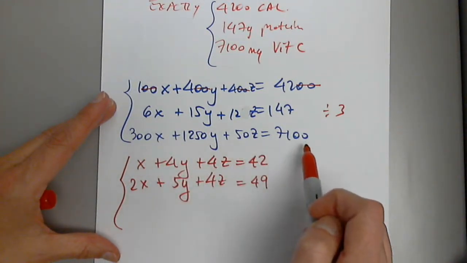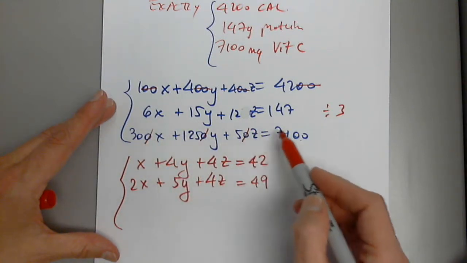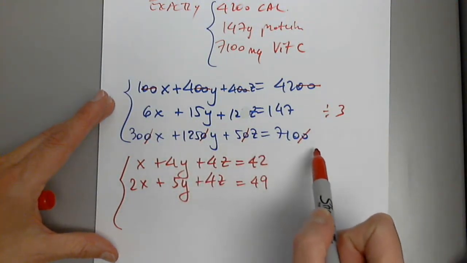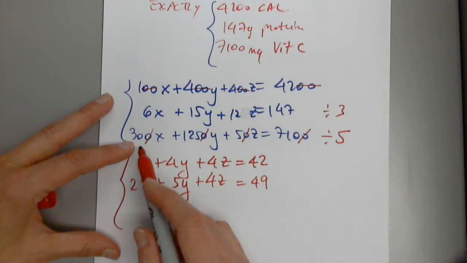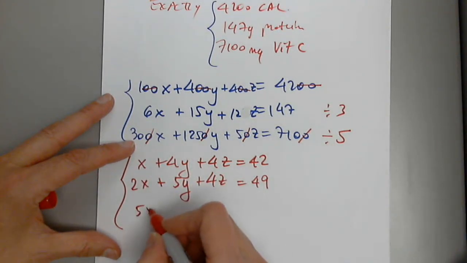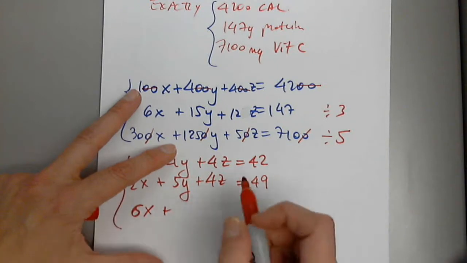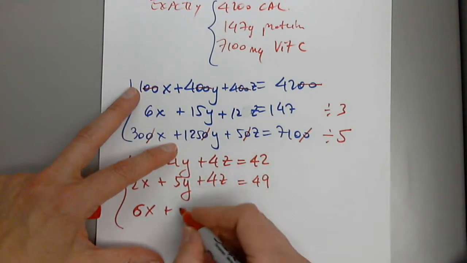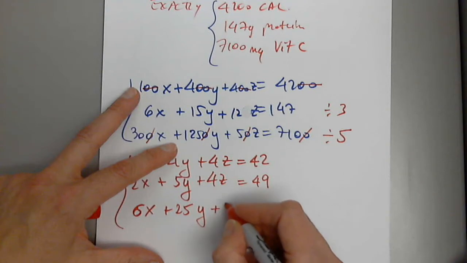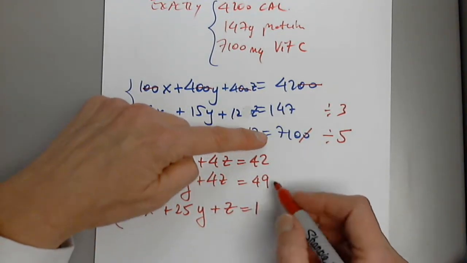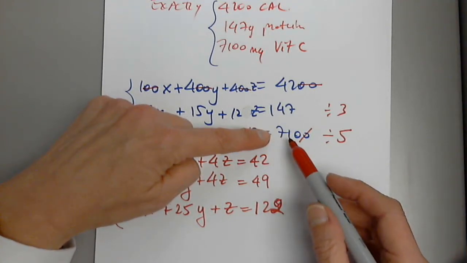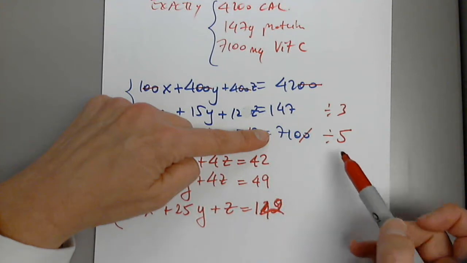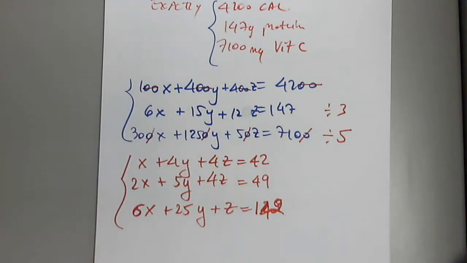Now let's see what we have to do with the last one. This is not nice. I can get rid of a 0, and they're all divisible by 5 as well. So 30 divided by 5 is 6x, plus 125 divided by 5 is 25y, plus z equals 142.